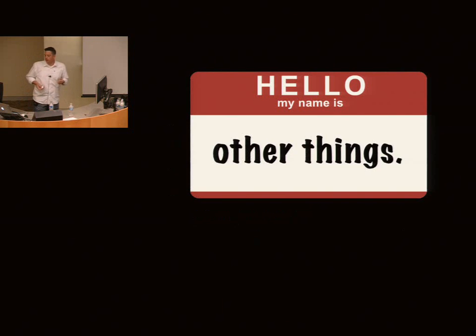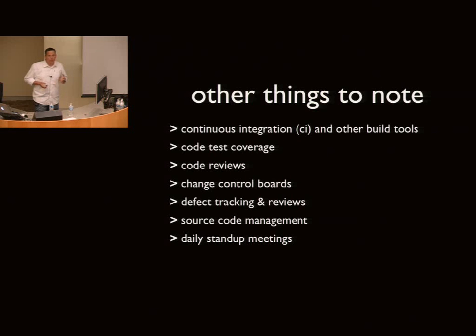So what are some other things to consider? A big push right before I left Yahoo was continuous integration and automated build tools. Yahoo's continuous integration server was based on a product by ThoughtWorks. I took a look at it before I left, and it appeared to be fairly robust. It had plugins for rake tasks or for Ruby tasks, things like that.